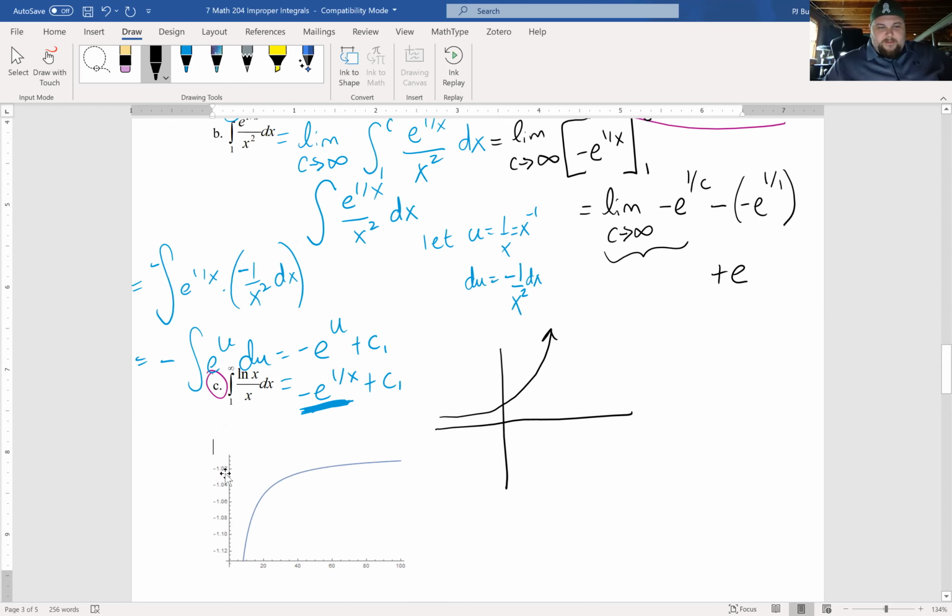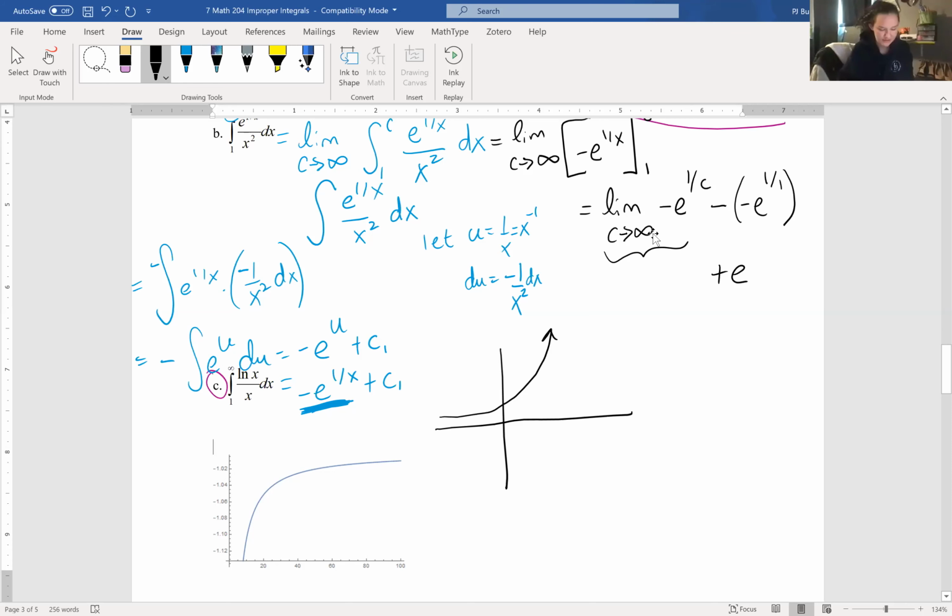And what number does it look like it's approaching? Looks like negative 1, right? So let's think about this. Forget about the negative sign for a second. What happens if I do 1 divided by infinity?